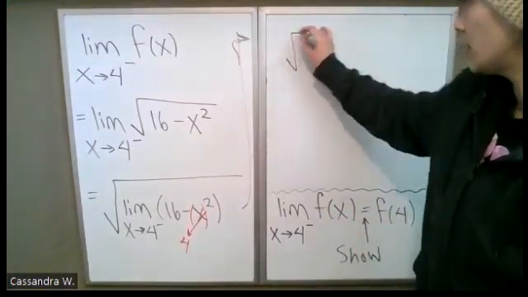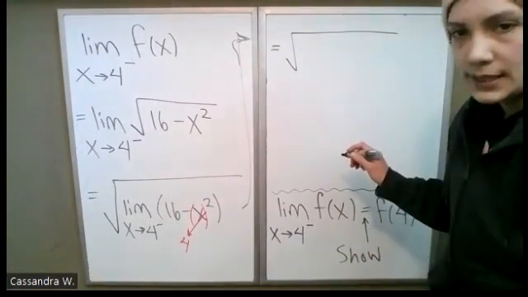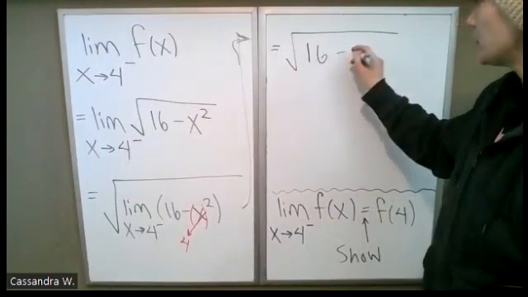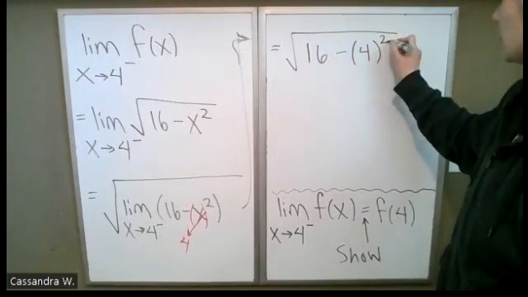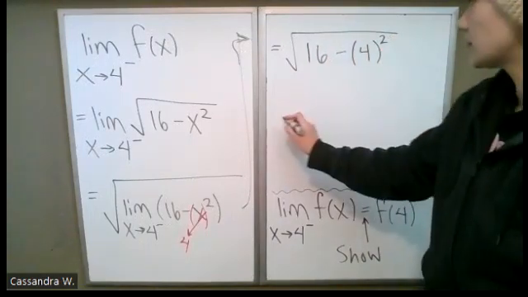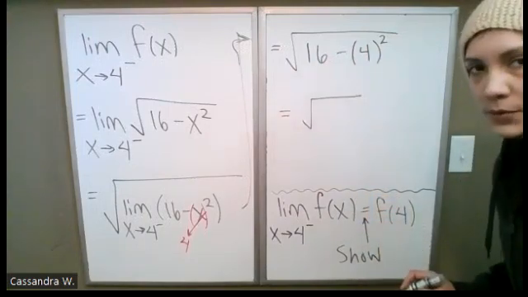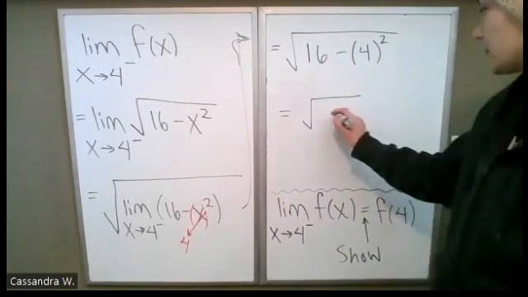We have the root of 16 subtract 4 squared. So it's another root of 0, which is 0.